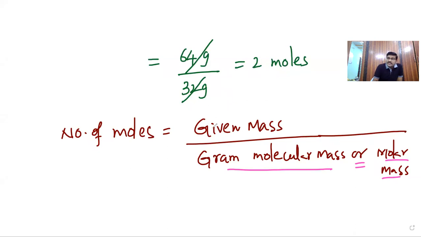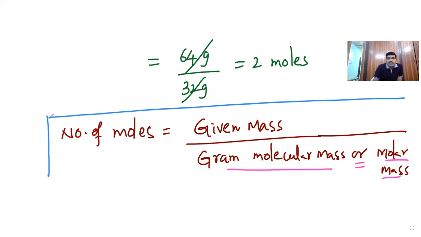The numerator is not changed, but the denominator there was gram atomic mass, since atoms were used. Here molecules are used, so the denominator is gram molecular mass. Is it clear? This is the generalized formula. Be careful, the general formula.